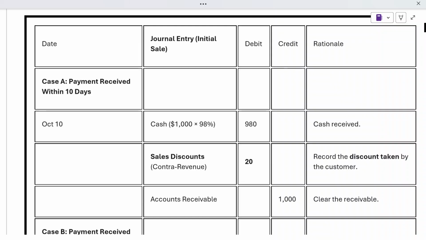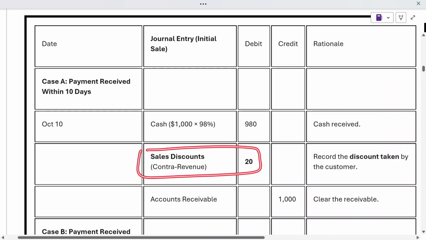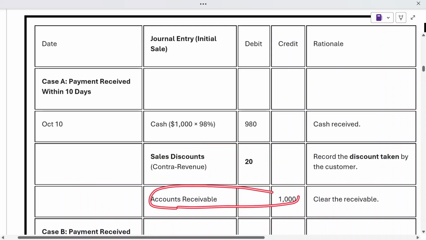A discount will be recorded for $20, which is a loss to us, and Home Depot has received $980. All the discounts and losses which we didn't expect become a loss to us. So we record it, and finally we credit accounts receivable with $1,000, clearing the receivable. So this was case one.